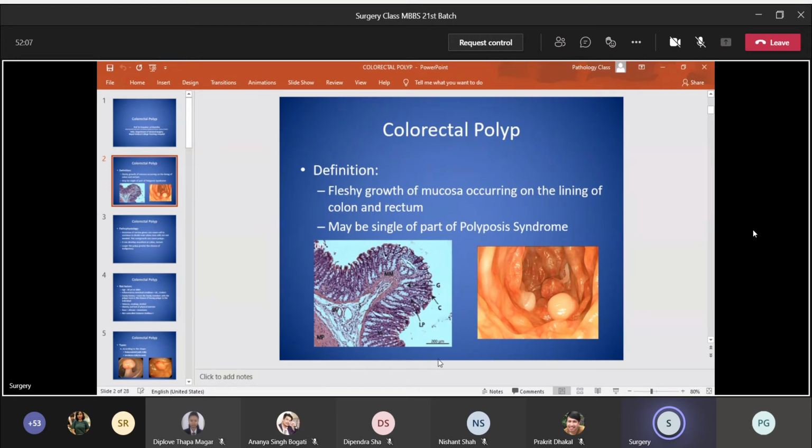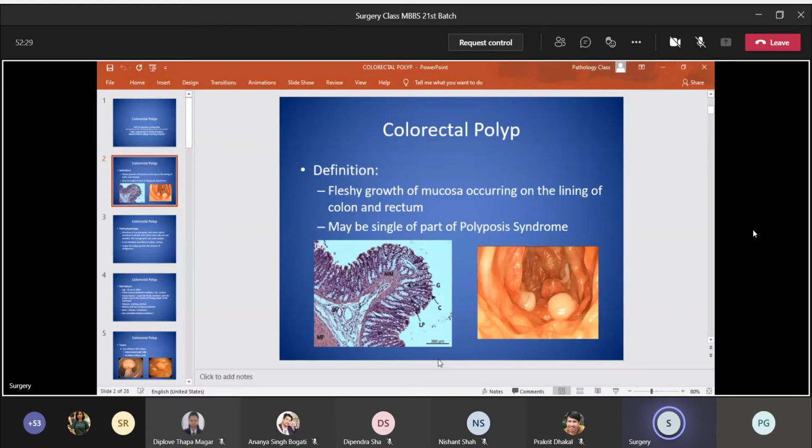Why I'm telling this: polyposis syndrome is a congenital disease where you get different varieties of polyps and different presentations. So any mucosal swelling occurring in the lining of the colon and rectum is known as a polyp. Okay, so they may be single or they might be multiple as a part of polyposis syndrome.